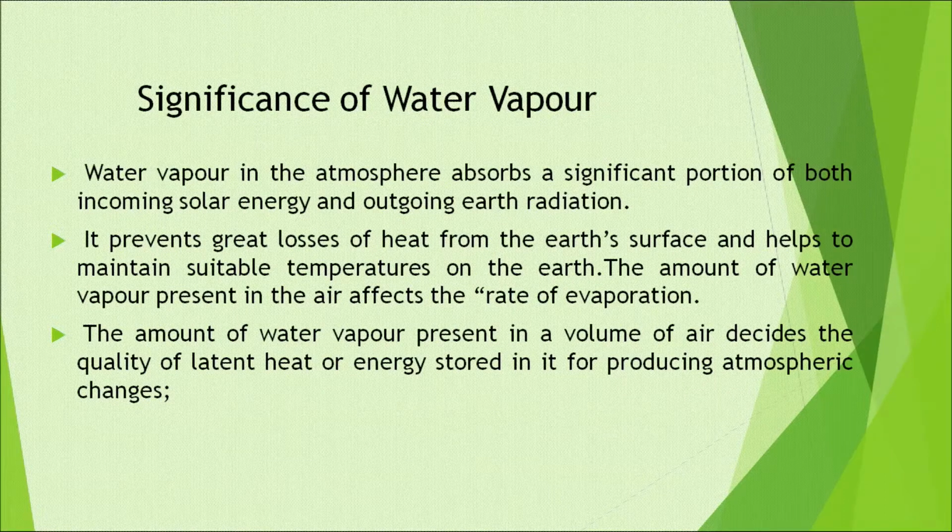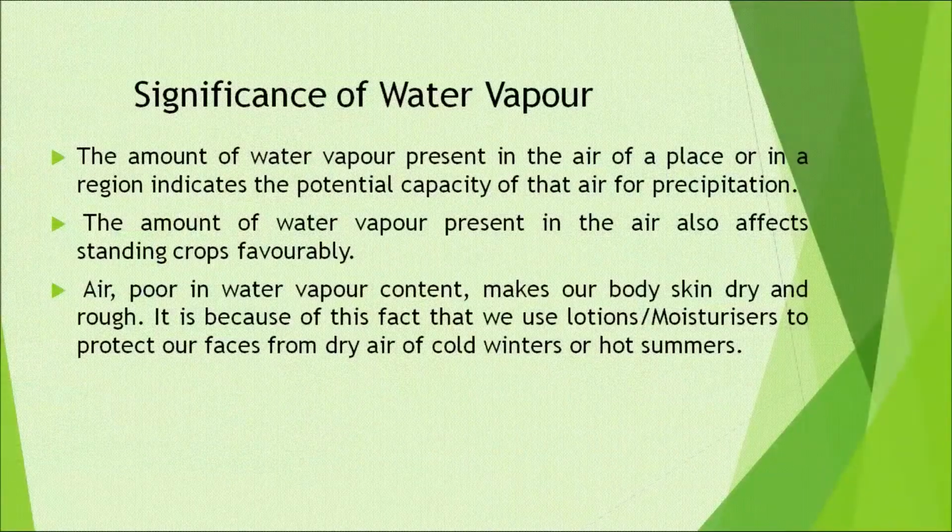The amount of water vapor present in the air affects the rate of evaporation. The amount of water vapor present in a volume of air decides the quantity of latent heat or energy stored in it for producing atmospheric changes. And the amount of water vapor present in the air of a place or region indicates the potential capacity of that air for precipitation.